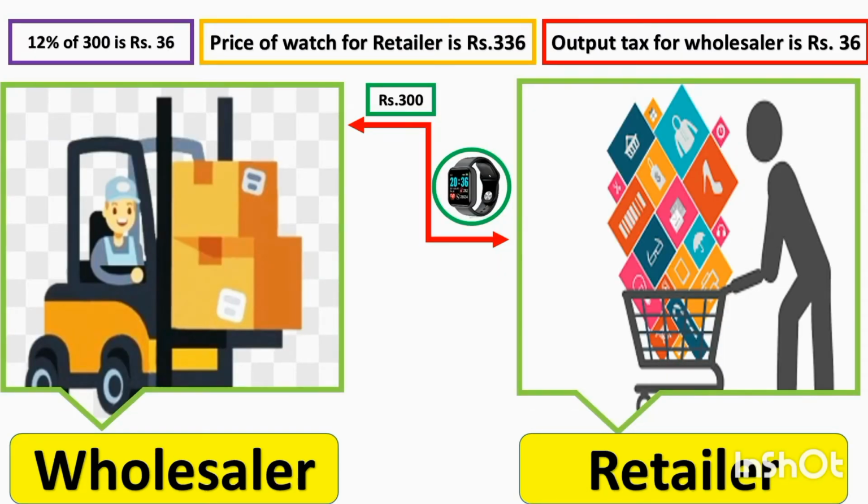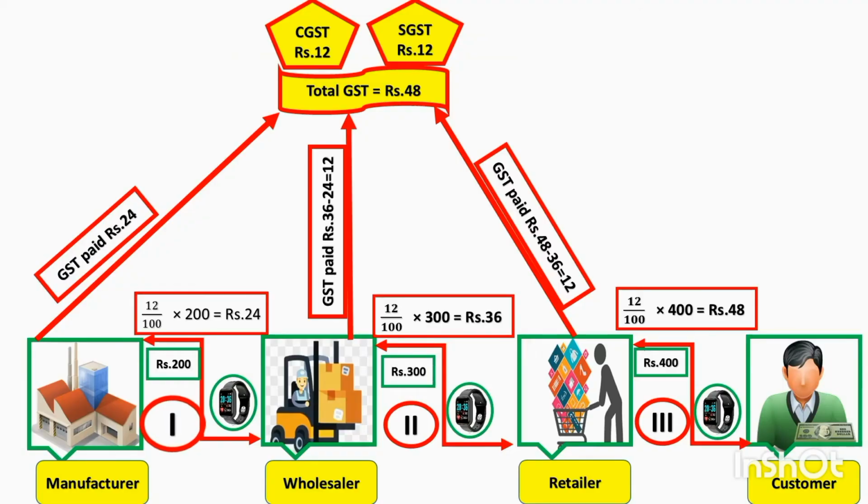In the next trading, the wholesaler will sell that watch to the retailer for rupees 300. The 12% of 300 is rupees 36. It means the wholesaler will sell the watch for rupees 336 to the retailer.